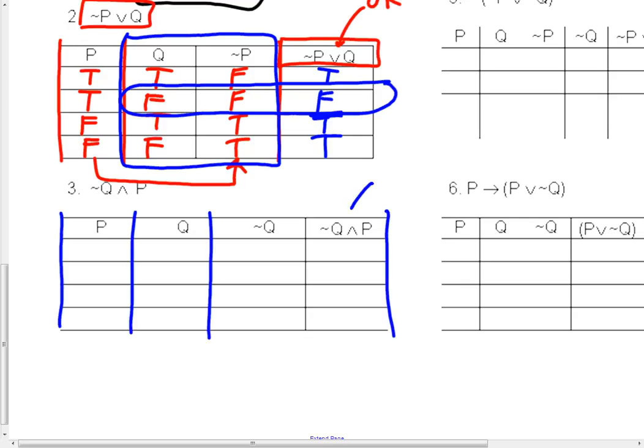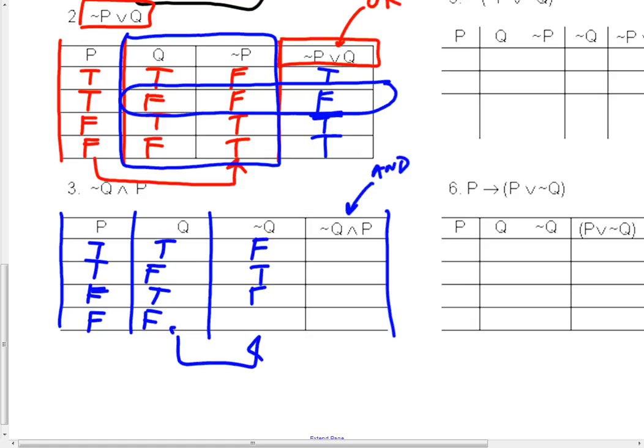What is this symbol? Is and picky? Yes. True, true, false, false, true, false, false. I'm negating this one this time. False, true, false, true. And now I'm supposed to look at this column and this column. Does order make a difference?